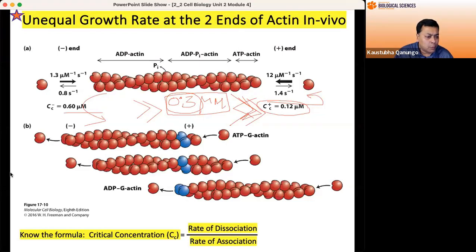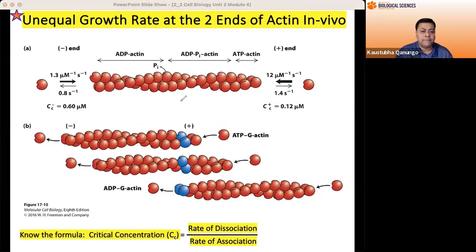Now, there was a critical thinking question. Suppose you have a value, I'm just saying right here, 0.5 micromolar. Suppose I'm just taking a random arbitrary value.